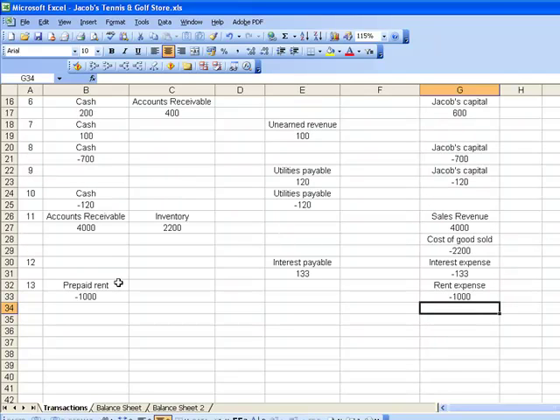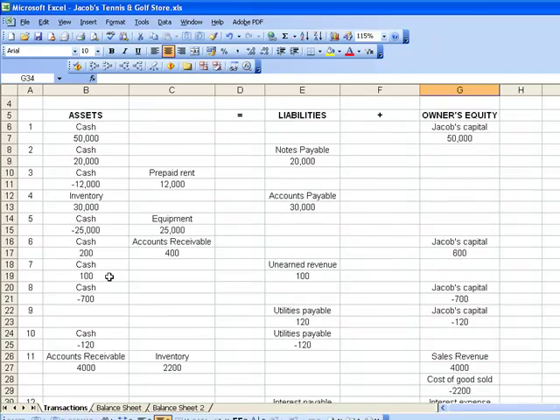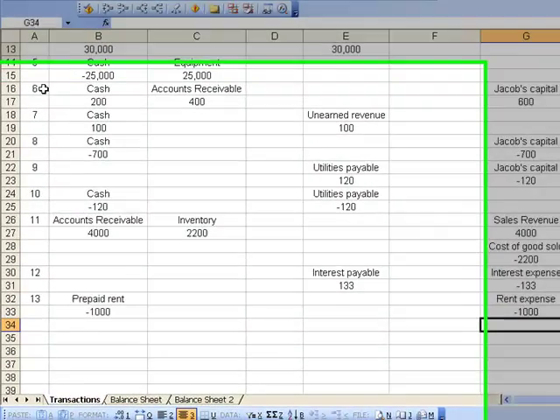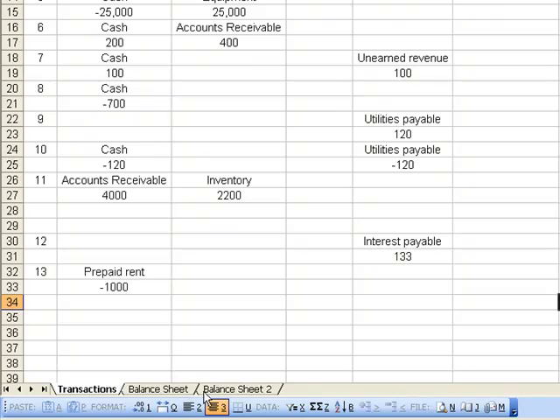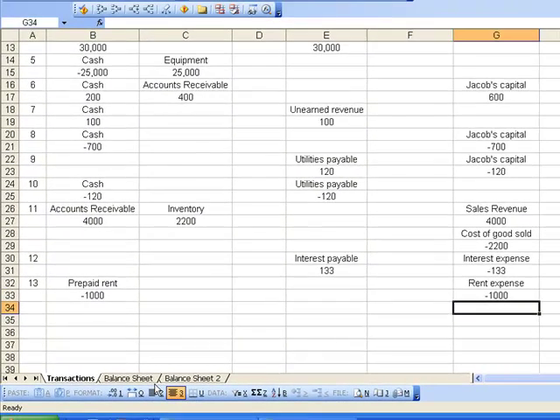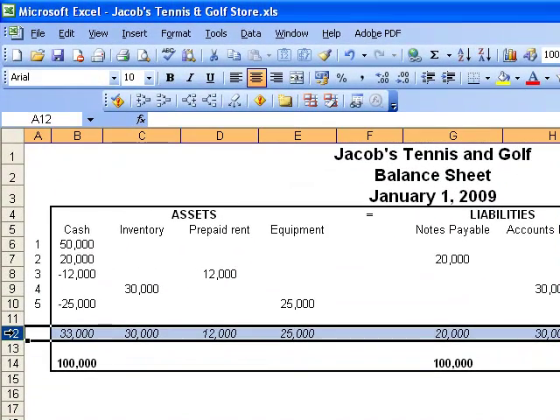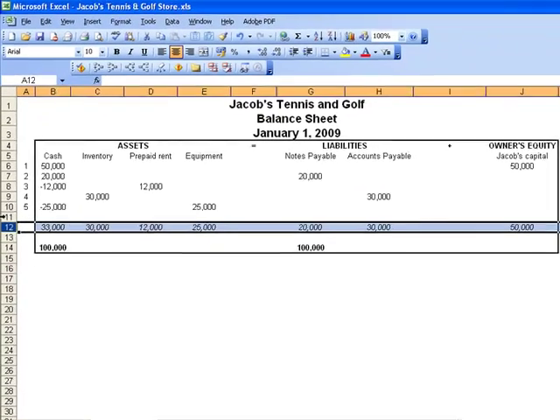Before moving on to other transactions, let's update our balance sheet with the new transactions that we have entered. Let's add the 6th transaction to the balance sheet. Let's add some rows in here.